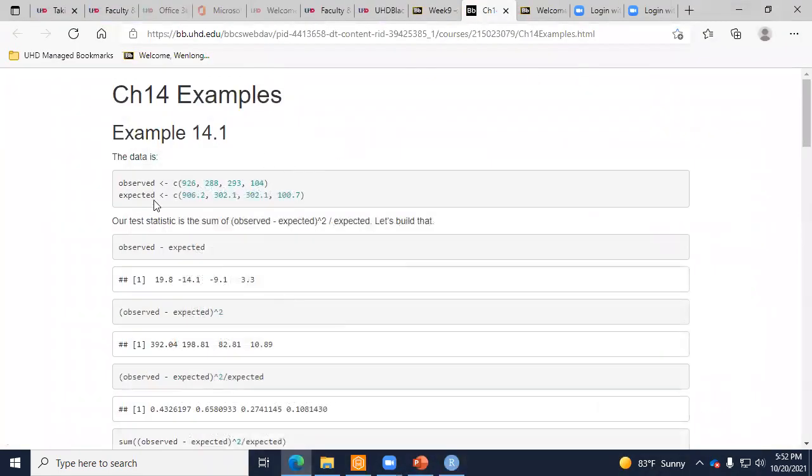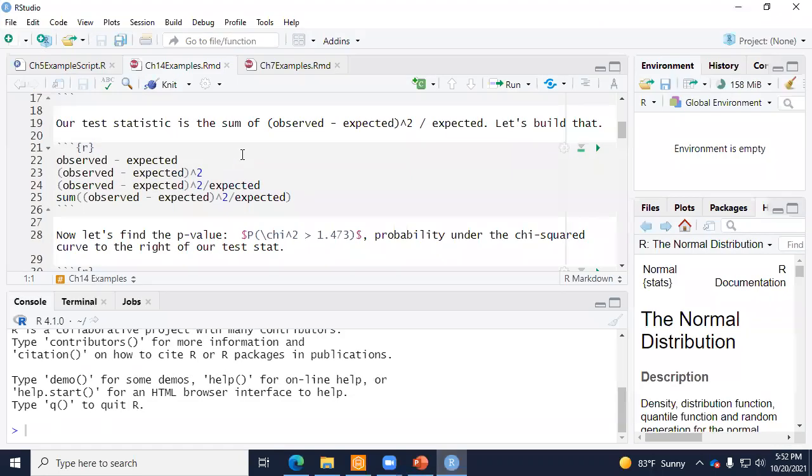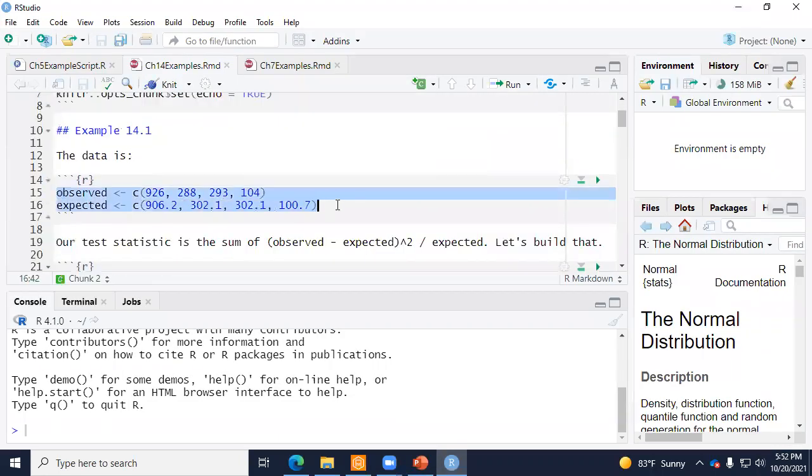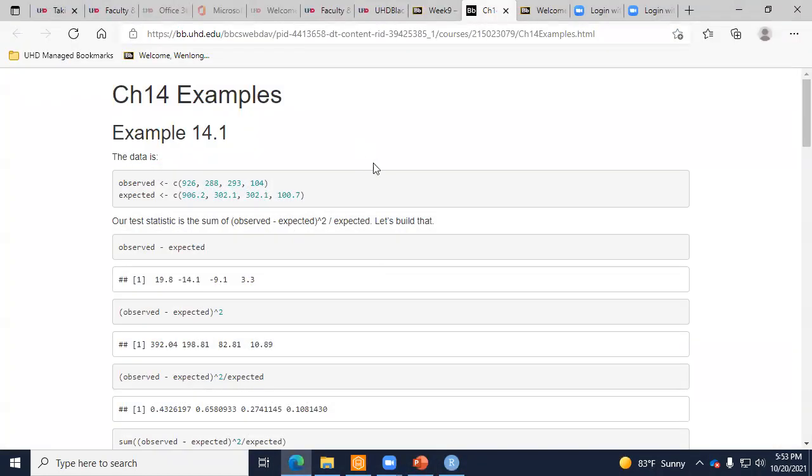So let's just directly look at the HTML file and also this R markdown, where it has all the code here. It will be on Blackboard, and you also can see the code here actually.